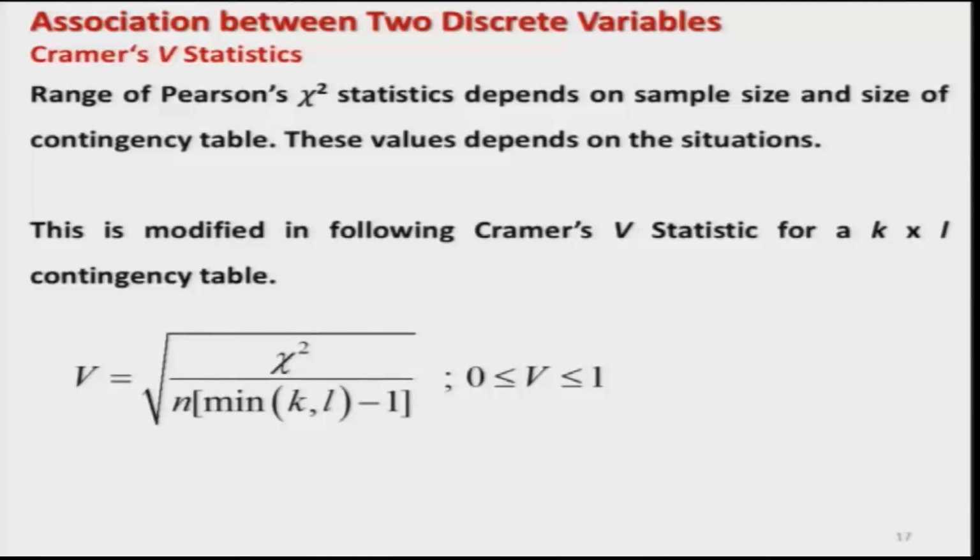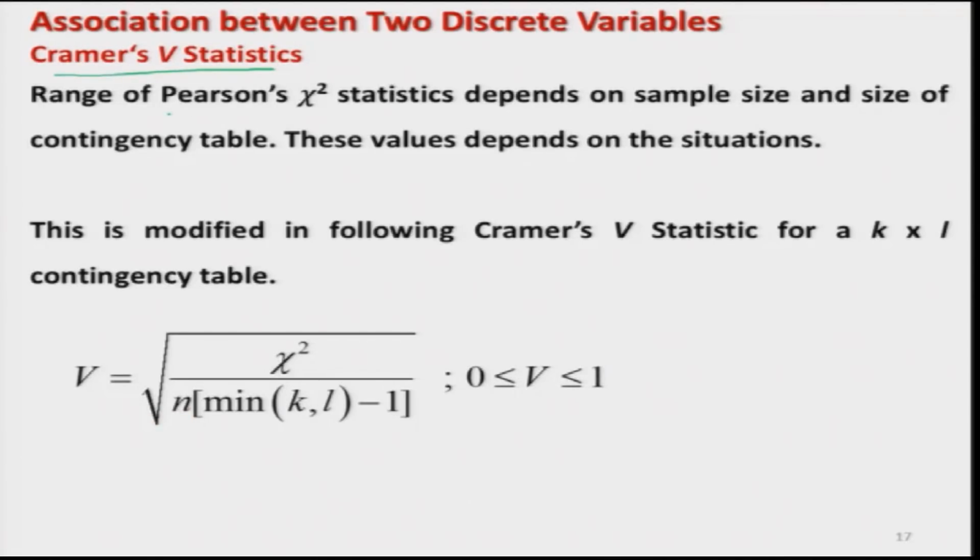So, here a modification was suggested in the chi-square statistics, and a new statistic, which is a modified version of the chi-square statistic, was defined as Cramer's V statistic.